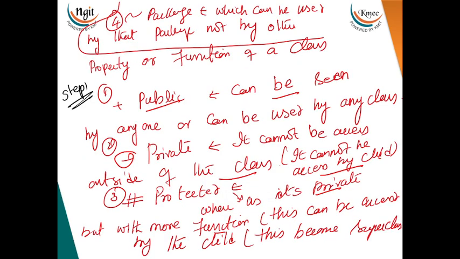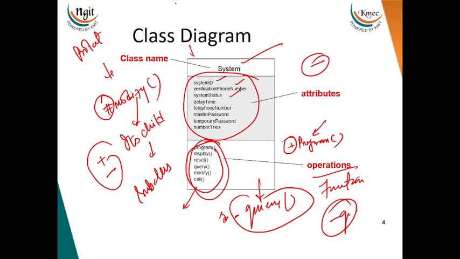Next is package. This symbol represents a package. The whole package is something like a program. If I take a bank system, I have many classes: loan account, customer, everything.